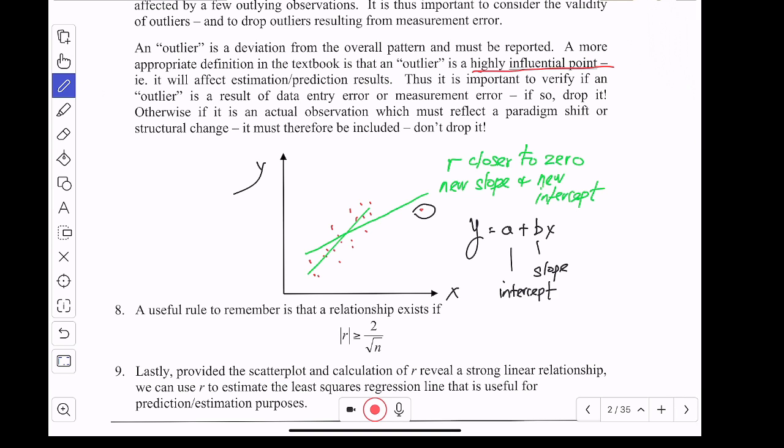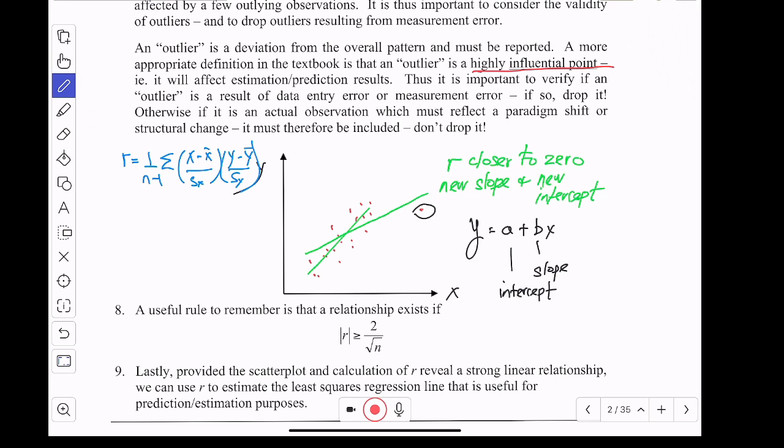Now this happens because of, think about the equation of the line. So R, remember, R is equal to 1 over n minus 1, it's the sort of average of this multiplication of these standardized values. Look at this.